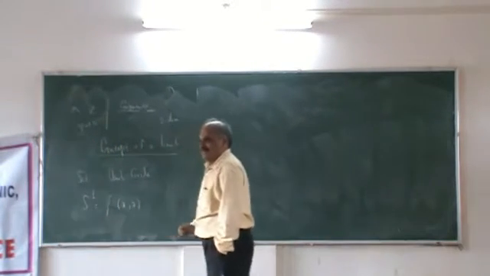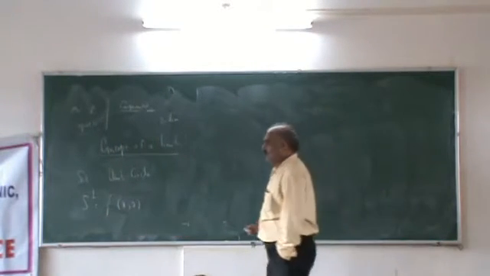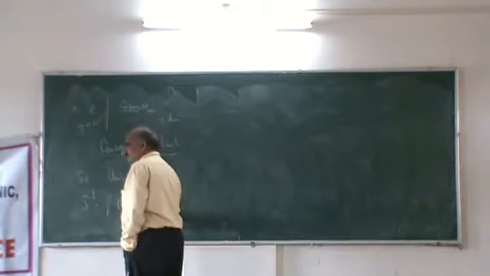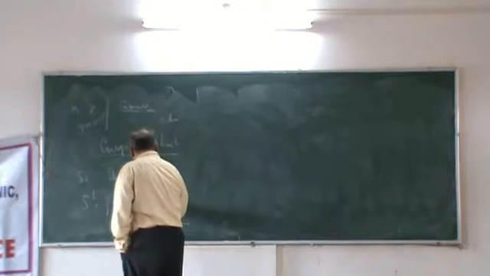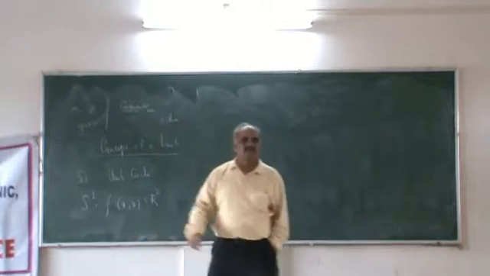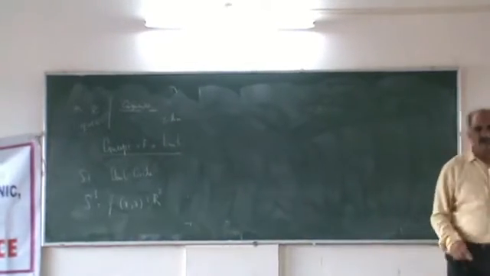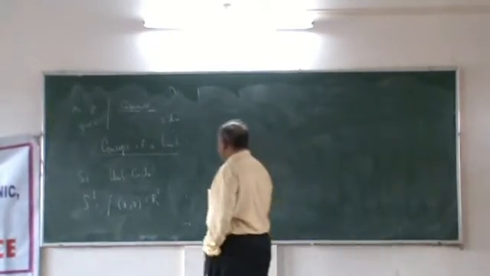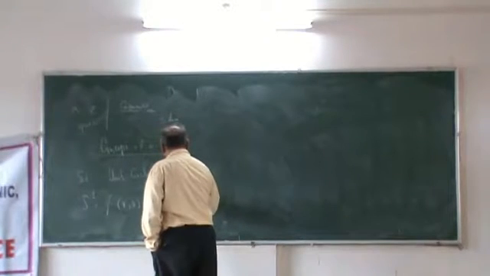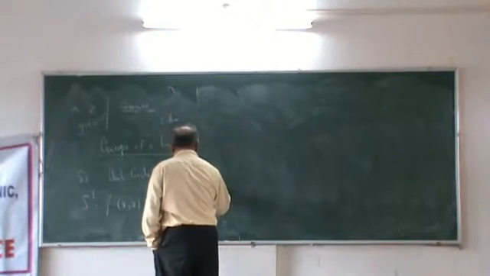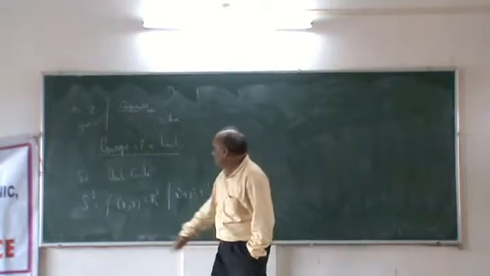I am constructing a set now. Set of all ordered pairs (x, y), Cartesian product, something like R2, alright, such that x square plus y square is equal to 1. So this is my set now.